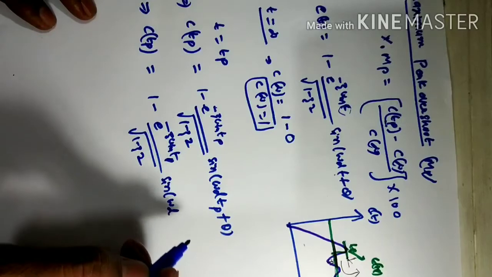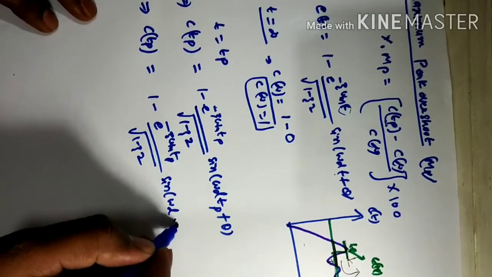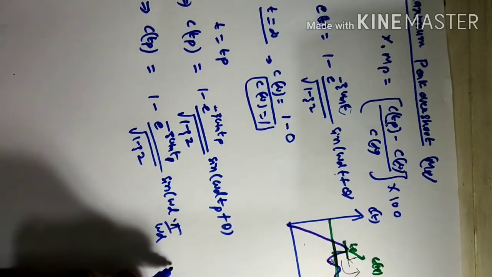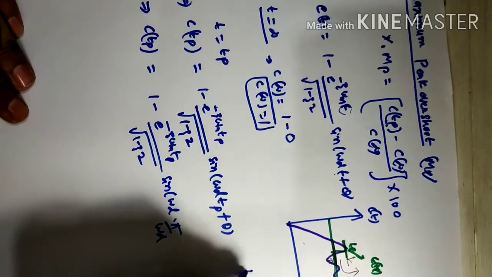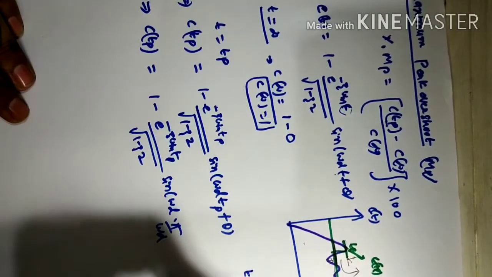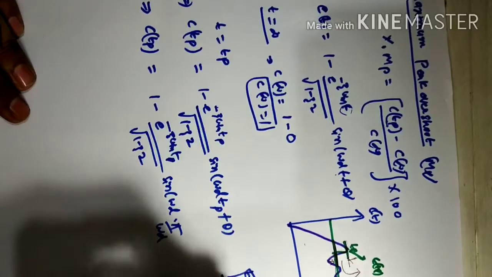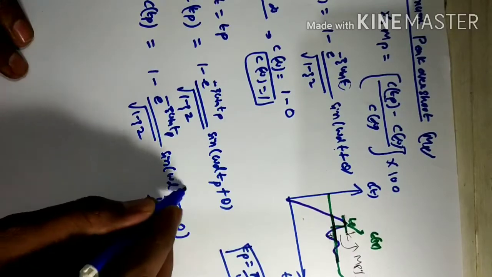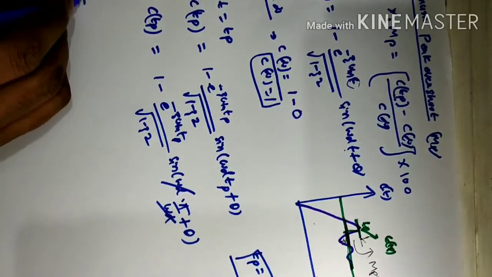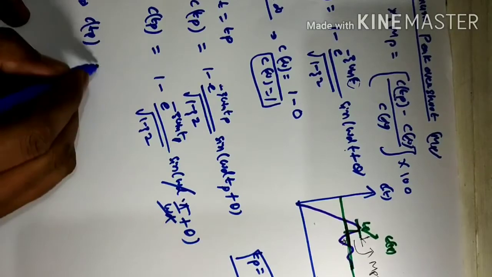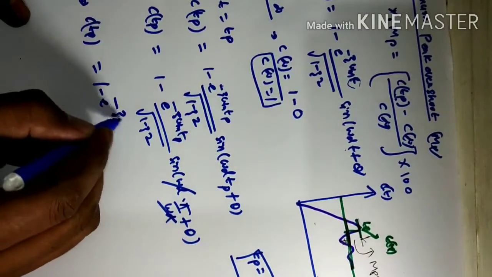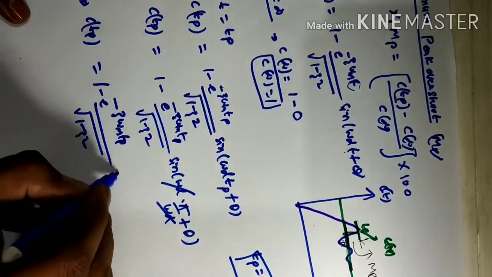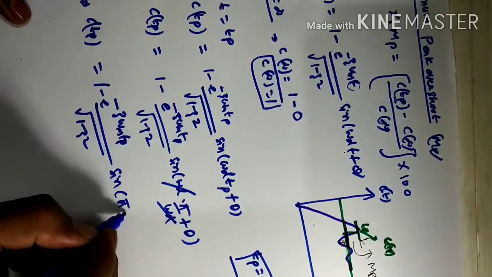What is the tp value? Tp is equal to pi by omega d. We have derived the expression for peak time, tp is equal to pi by omega d. So omega d gets cancelled, and what is left is zeta omega n tp by root 1 minus zeta square, and we are left with sine (pi plus theta).